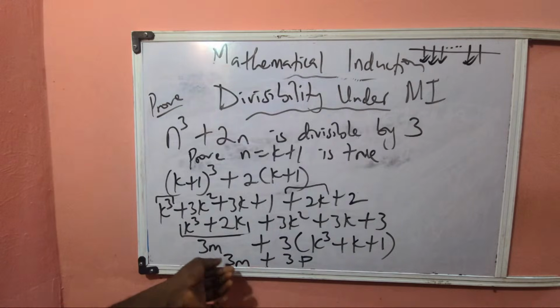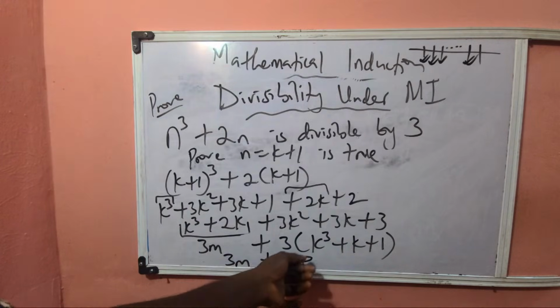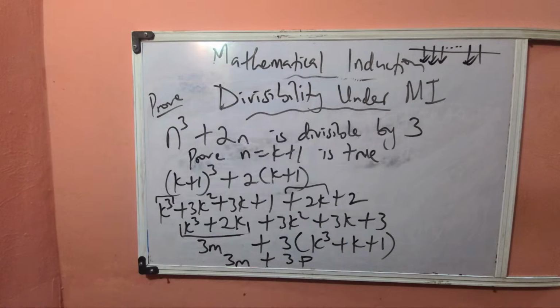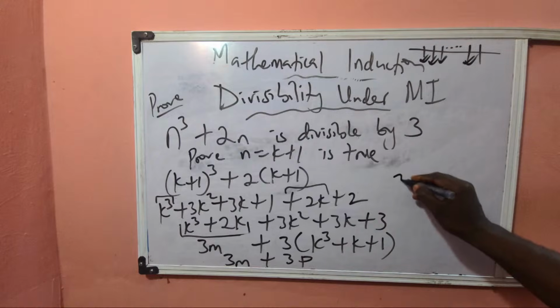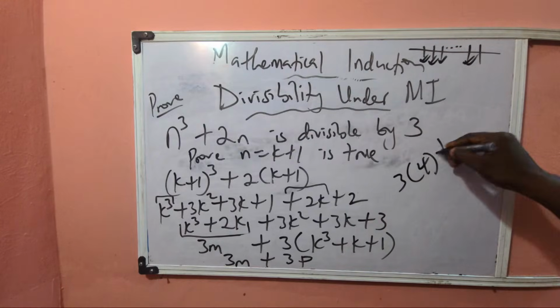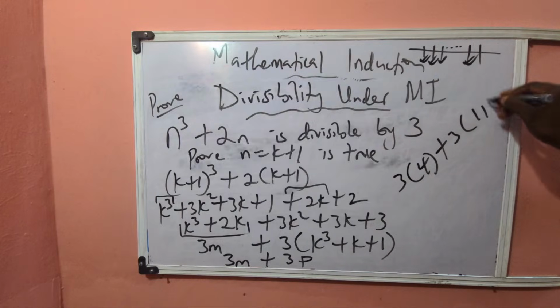So 3 times any integer plus 3 times another integer. Let me now ask the class, do you think this will be divisible by 3 or not? Do you think 3 times a particular integer, let's use a simple one, 3 times 4 plus 3 times 11, do you think this value will be divisible by 3? Go on and investigate. Try it for any value.